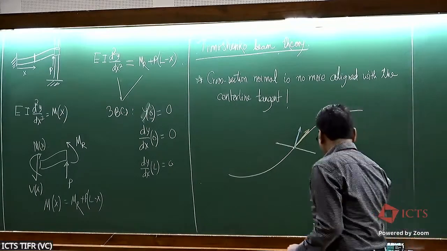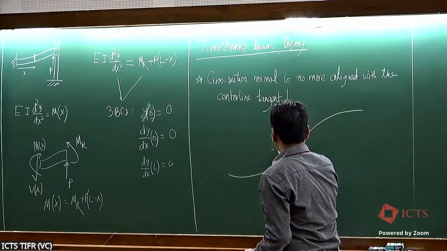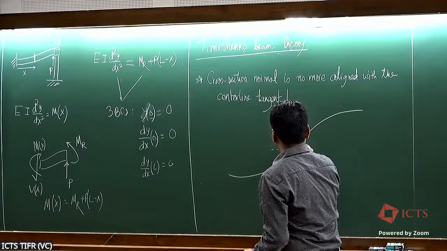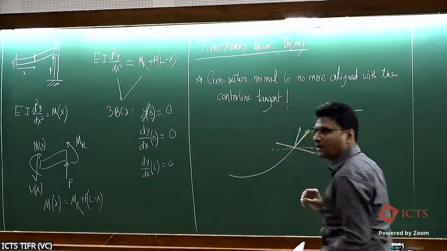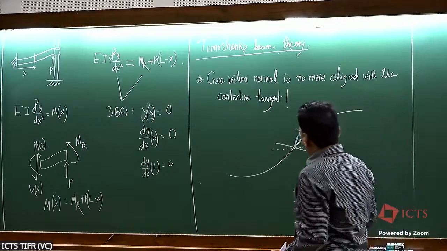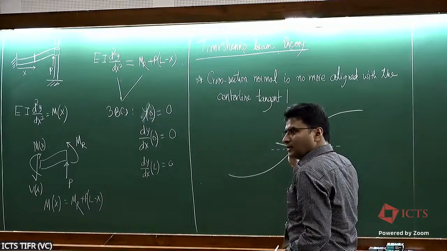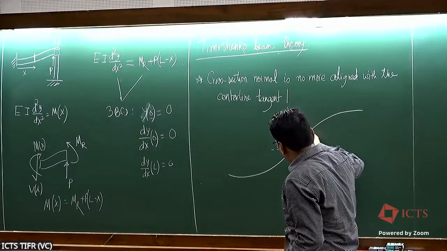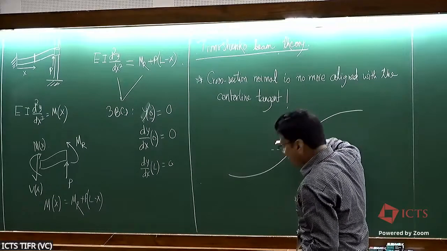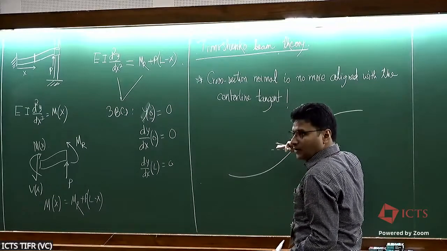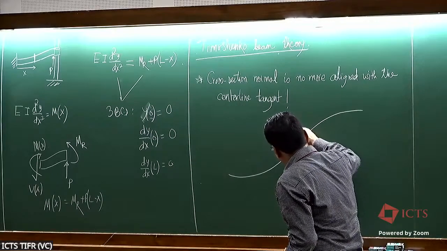Think of a horizontal reference line with respect to which you are going to measure the angle. Initially the cross-section was vertical, and therefore the angle between the blue line and the horizontal would be 0. But now the cross-section has rotated like this. So that's your angle here, theta.